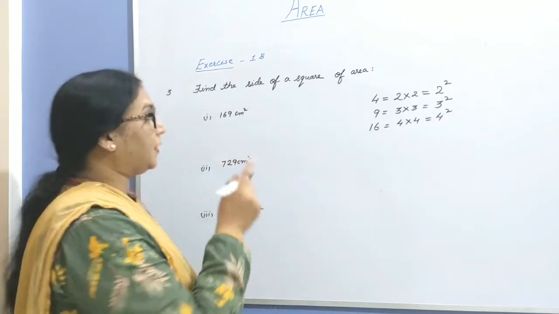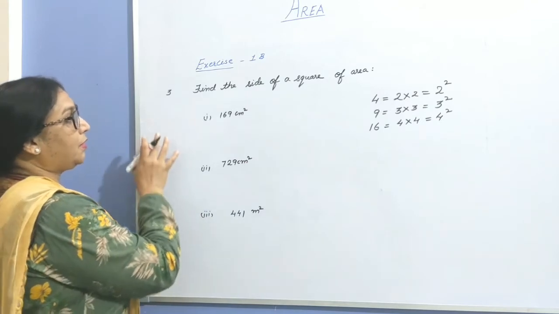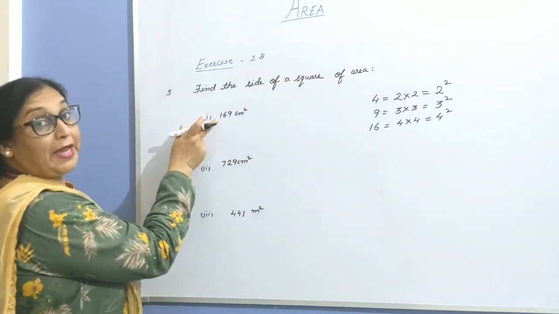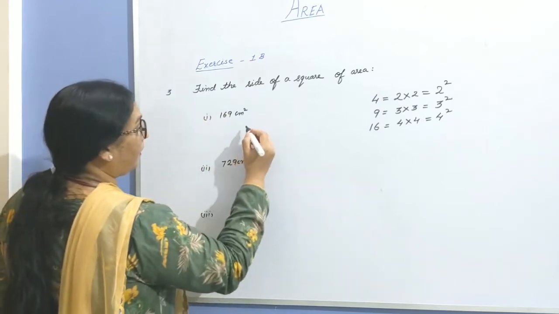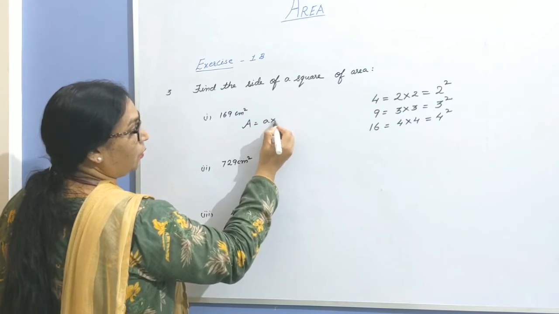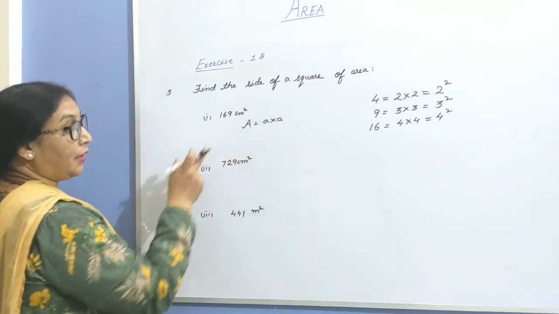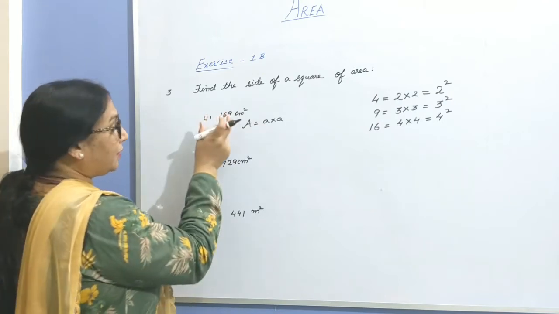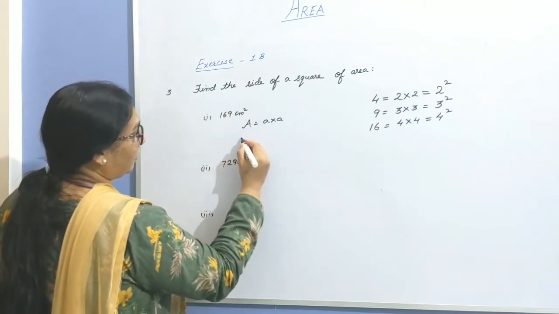Same is your work in these sums. The question is, find the side of a square of area. You are provided the area of a square. Do you remember the formula? Area of a square equals A into A. Here, area is given and you are asked to find each side. So let's take the first area. What is the first area?